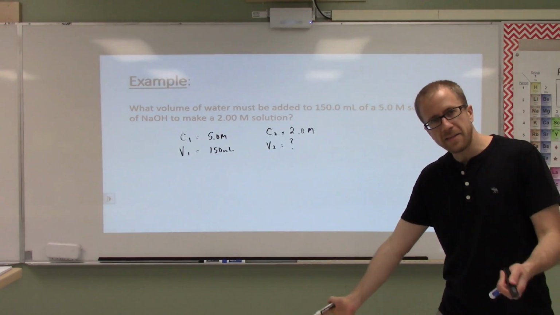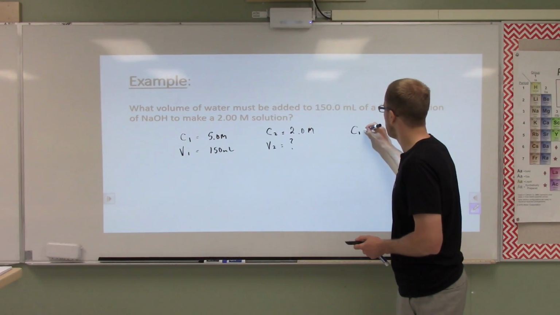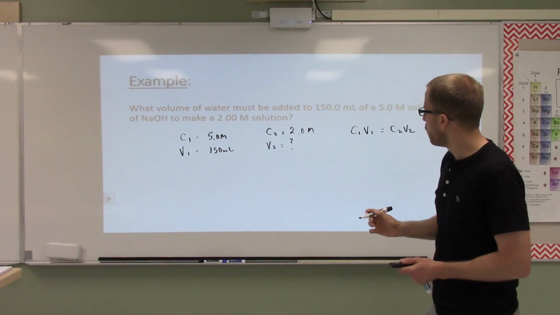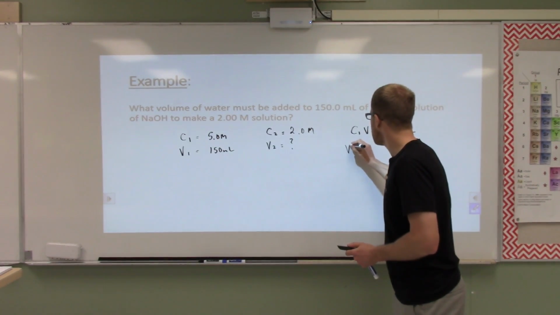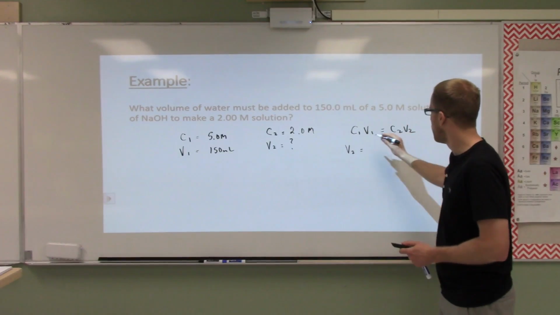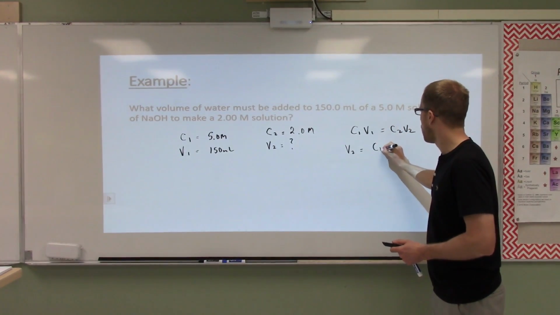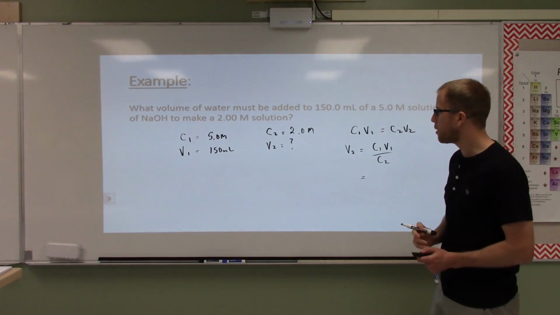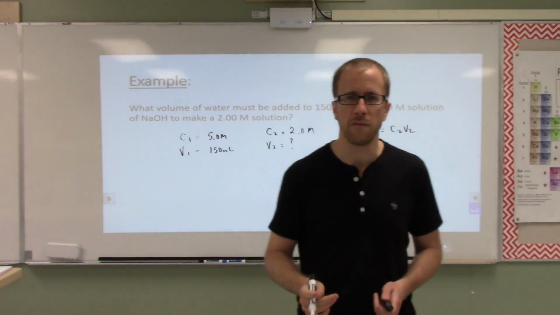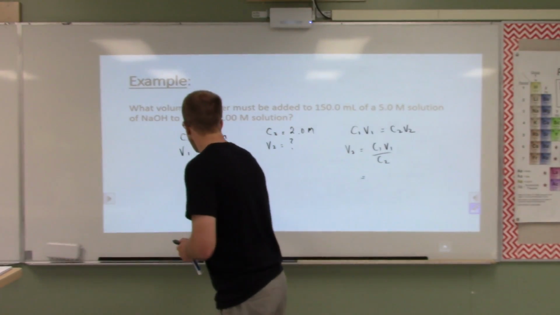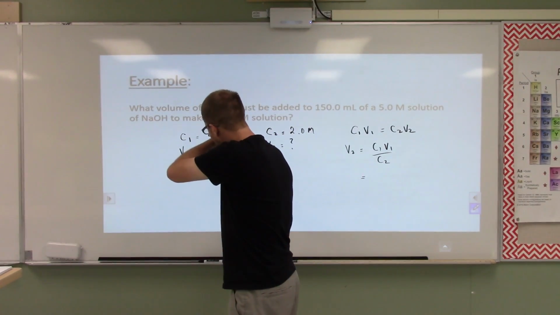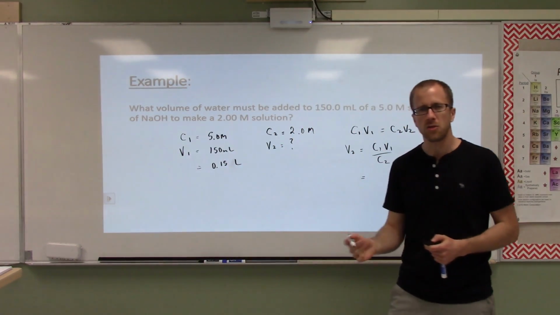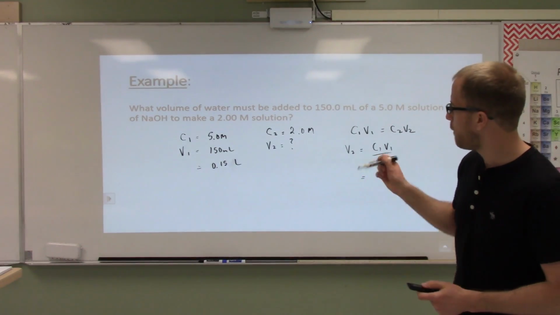So again, let's solve using our equation. C1V1 is equal to C2V2. And we have to isolate V2. And here, again, I do recommend you always convert to liters. This is 0.15 liters. If you didn't convert to liters, what would be the units of your answer for V2?